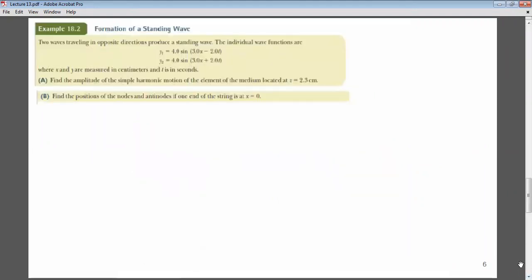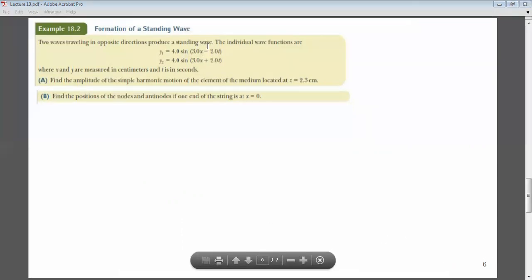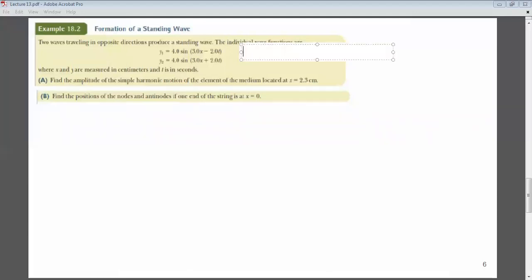Let's solve one simple exercise. This is taken from your book. Two waves traveling in opposite directions produce a standing wave. The individual wave functions are y1 equal 4 sine (3x minus 2 omega t). Notice here that I have A equal to 4, k equal to 3, and omega equal to 2.